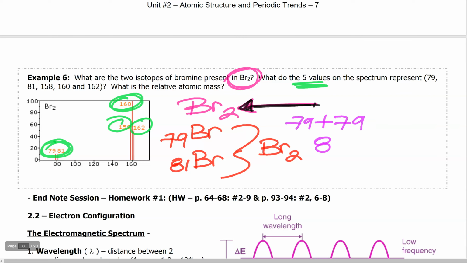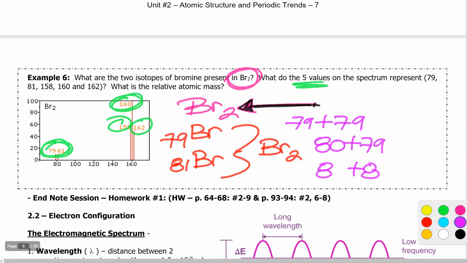You could do an 81 and a 79, or you could do an 81 and an 81. Sorry about that, I put down 80 instead of 81. So let's fix that. Okay, try that again.